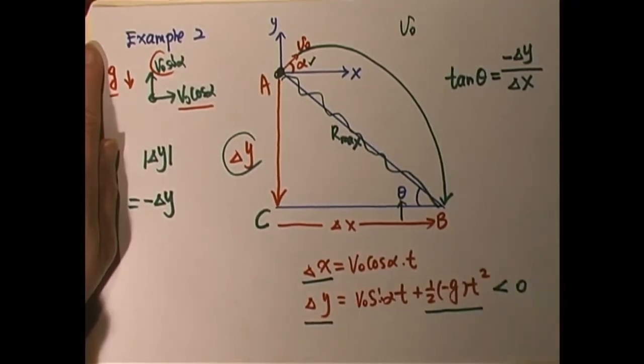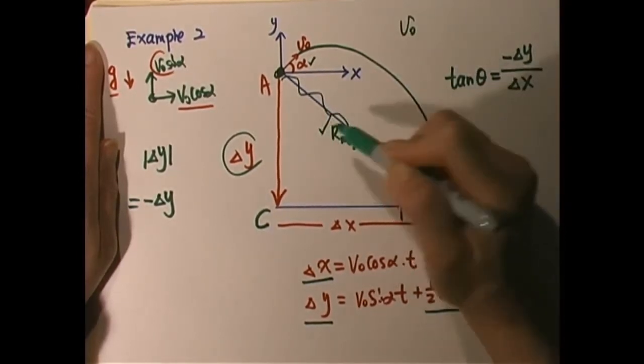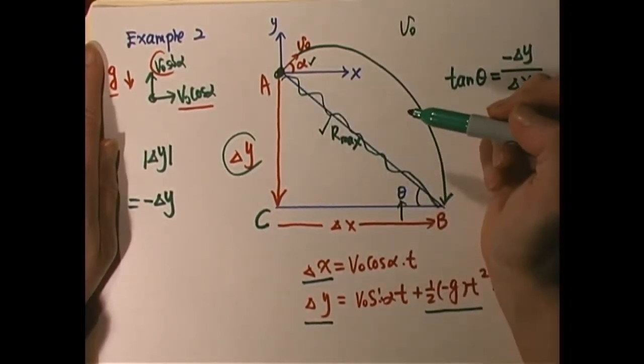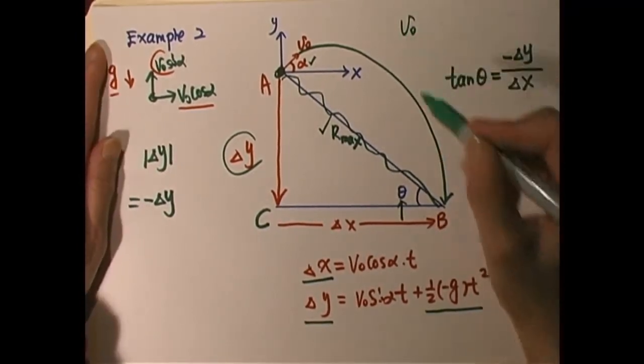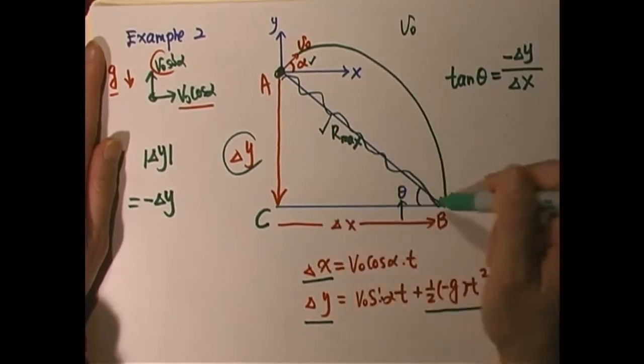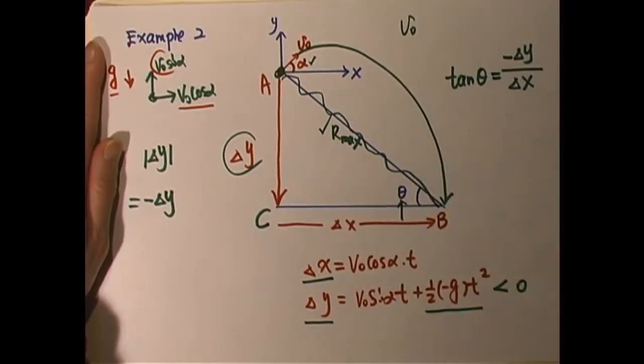Why do we need to combine them? Because what we're looking for is to max r. If we can max x, we max r. If we can max y, we max r. It's similar.